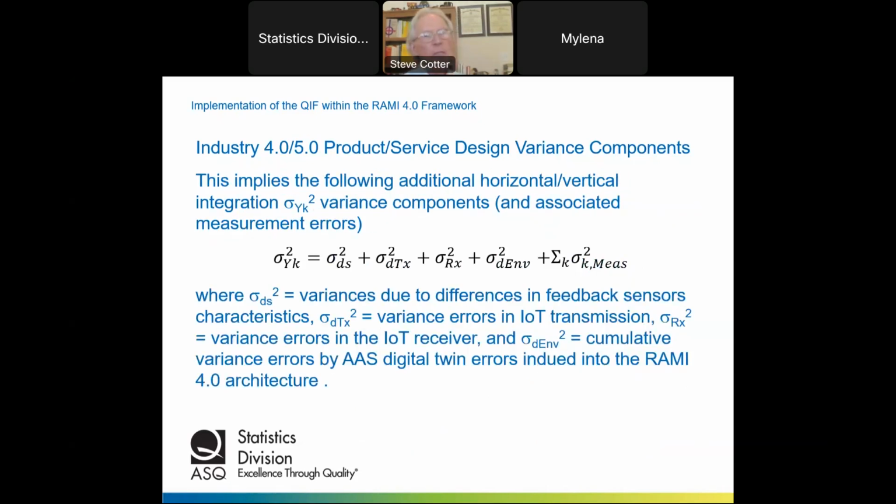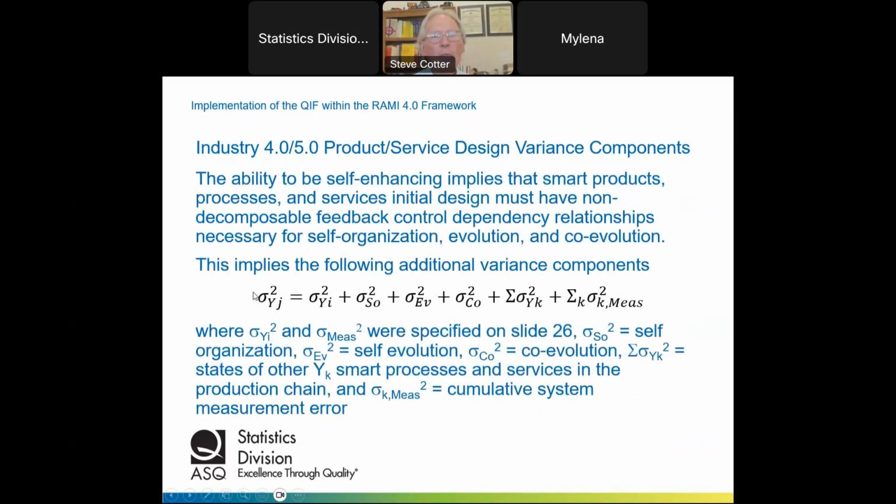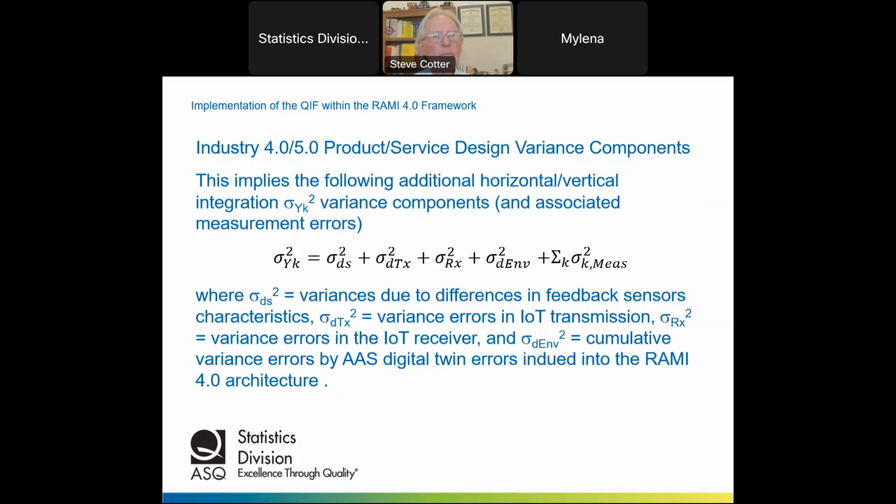So this implies the following additional horizontal vertical integration, sigma square YT variance components and associated measurement errors. In this case, sigma square YK, where it was the output, the entire variance components on the previous slide, is not sigma square YK. Sigma square YK is the sigma square DS, the variance due to differences in feedback sensor characteristics.